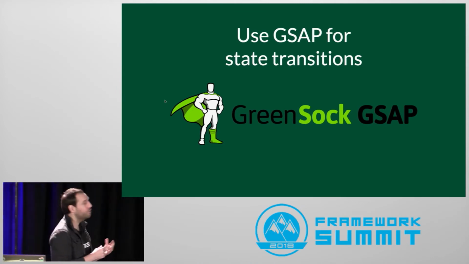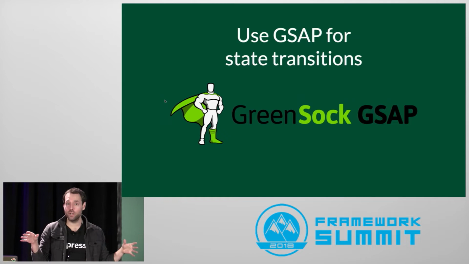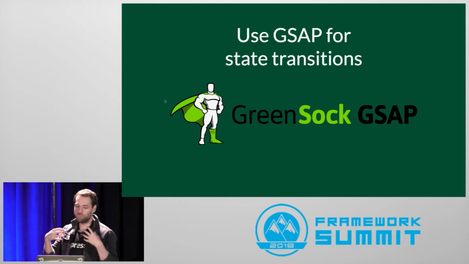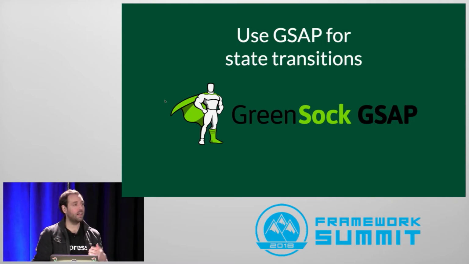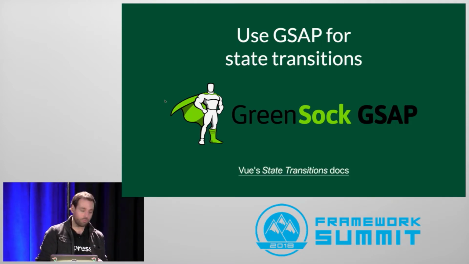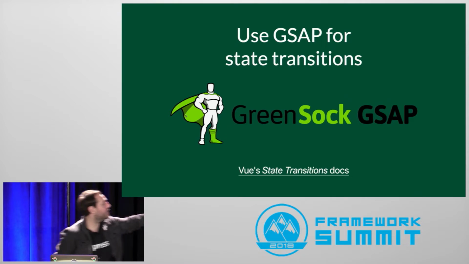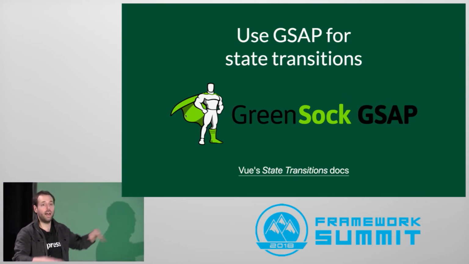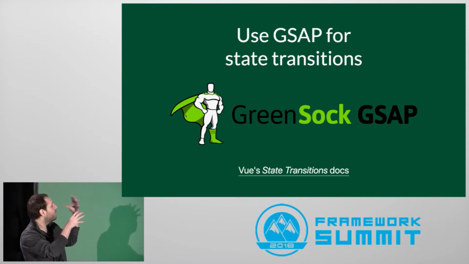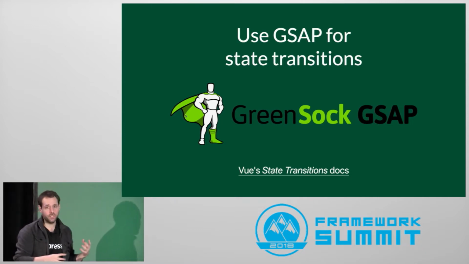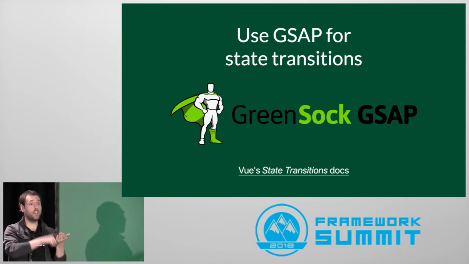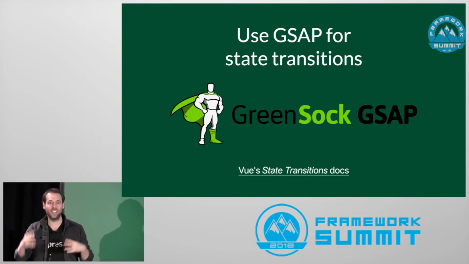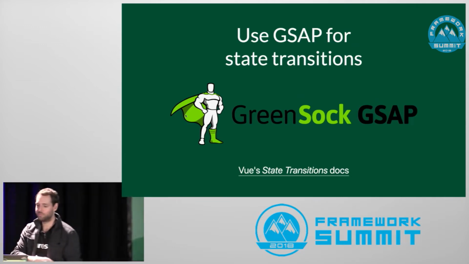I highly recommend using GSAP. You can use it within any framework for managing any kind of state transitions. It's really performant, works really well, has a lot of great utilities. And if you check out Vue's state transition docs, we actually have a lot of examples of how to use GSAP with lots of different state transitions, including transitioning one color to another color smoothly so that it sort of blends into the next color instead of just changing, and all sorts of cool stuff.